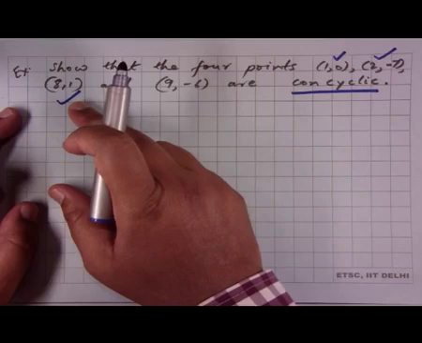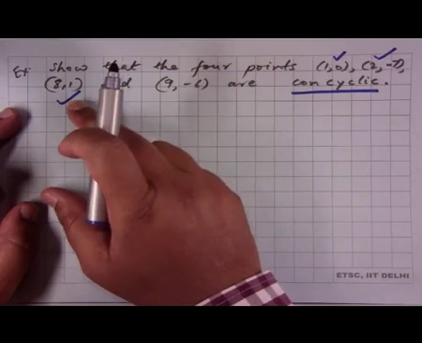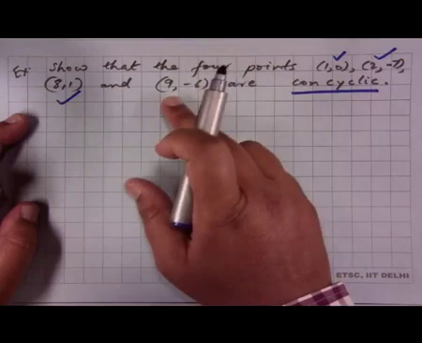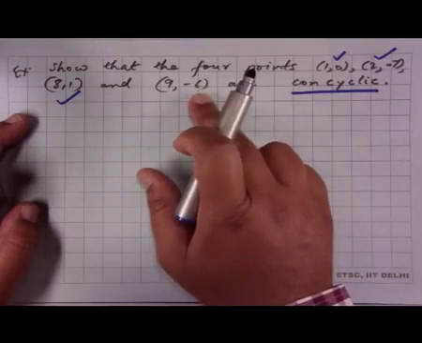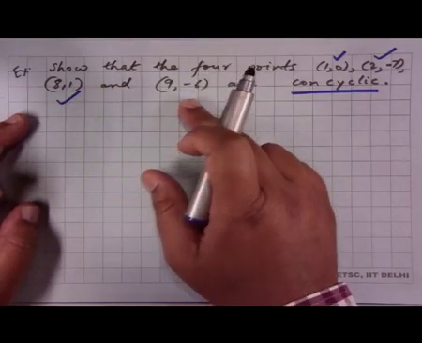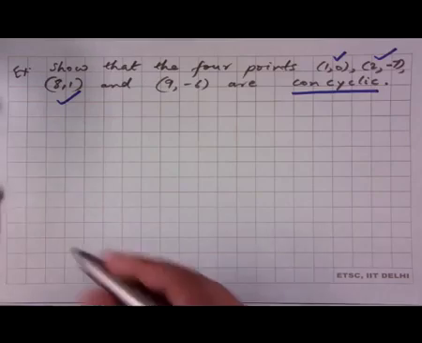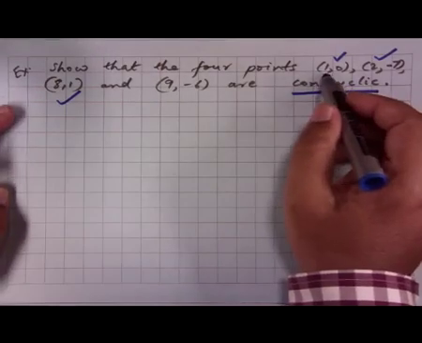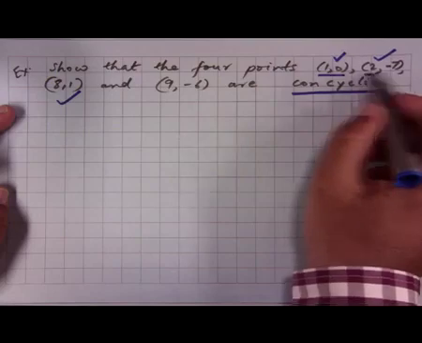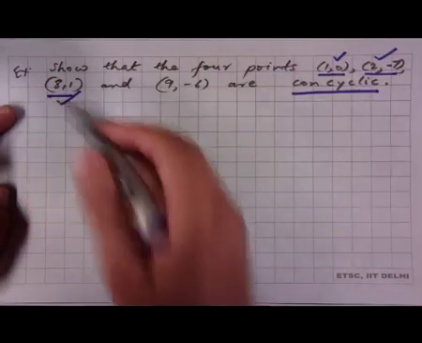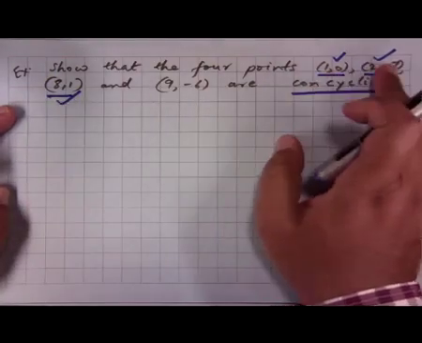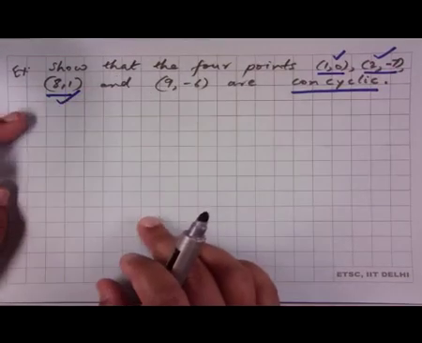Once we have the equation of that circle, we can simply check whether this point, the fourth point here, lies on that circle or not. So, the first step is to first find the equation of a circle which passes through these 3 points.